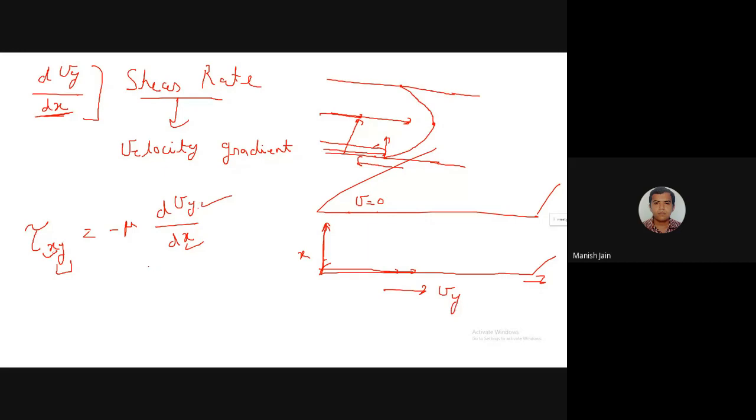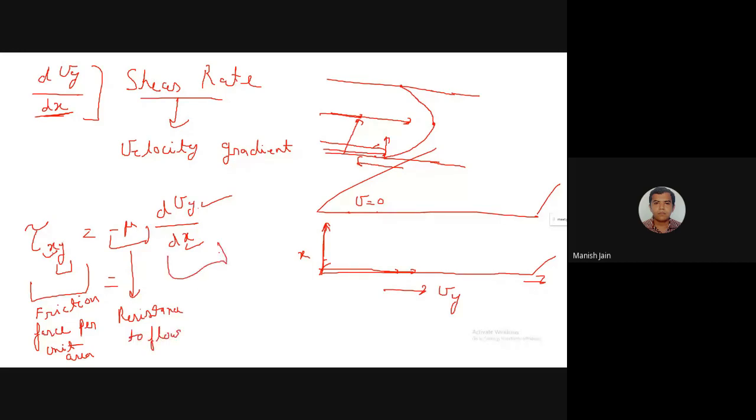What Newton's law signifies is that the friction force per unit area is equivalent to the resistance to flow multiplied by the velocity gradient. So this is Newton's law of viscosity.